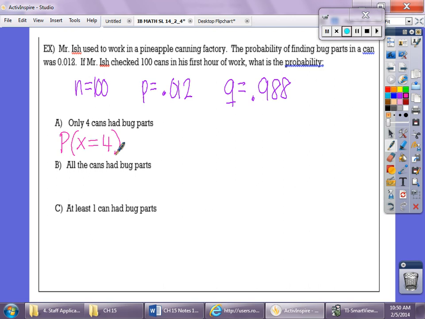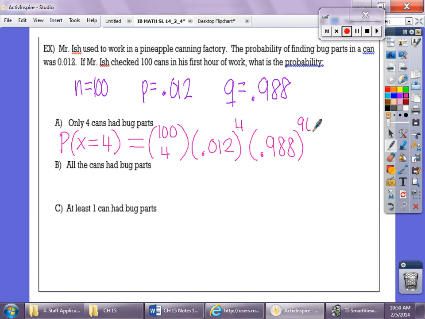So, that would be equal to, and we do write an X equals statement inside. So, that would be equal to 100 choose 4, 0.012 to the 4th power, 0.988 to the 96th power.